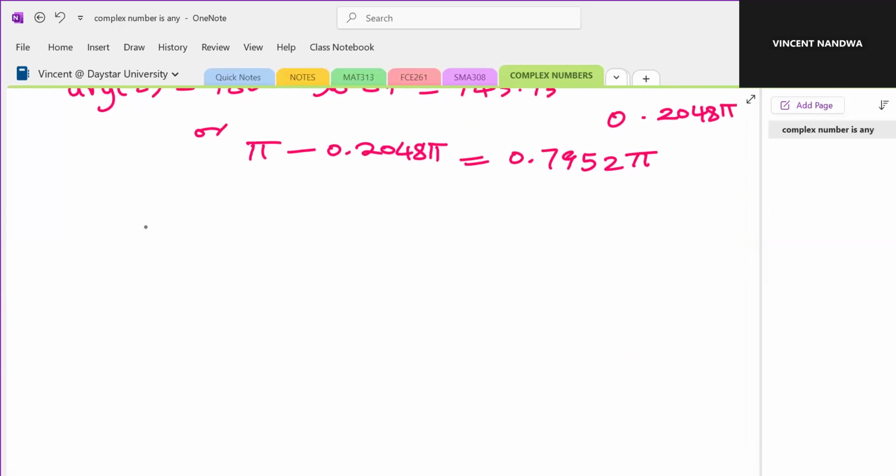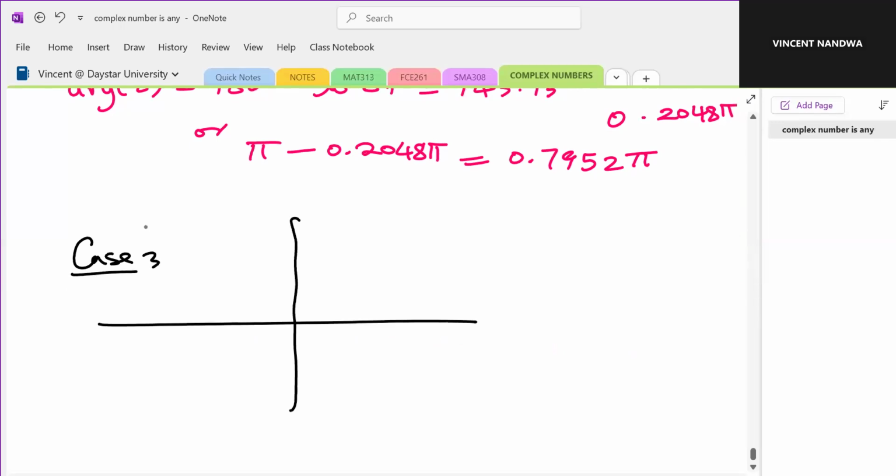So case 3. If this is your complex plane, your z can be here. So if this is where I have my z, you define a right angle triangle here. So you call this one alpha.